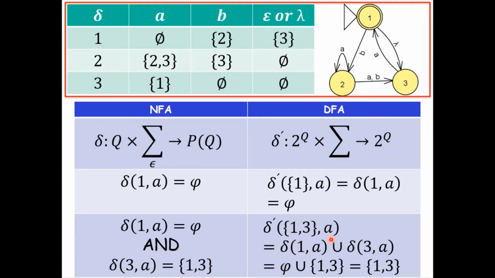And now we have to take a union of this behavior with the behavior of state 3 at input letter A, which is the resultant transition towards state 1 and state 3.